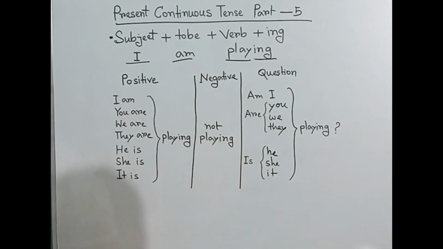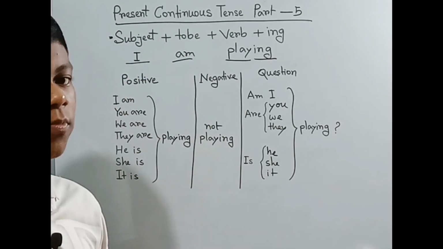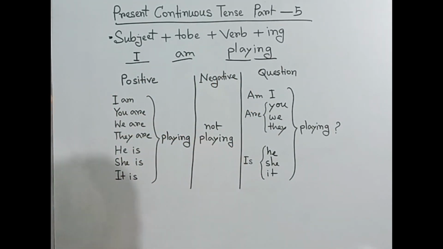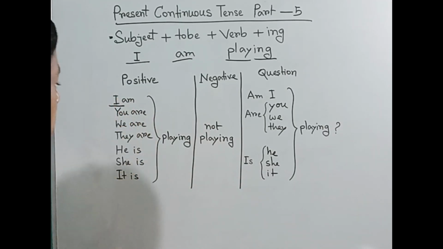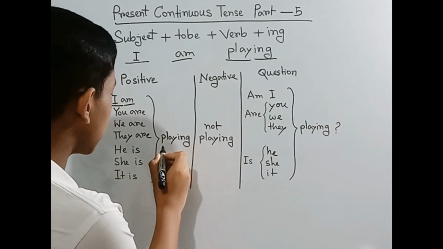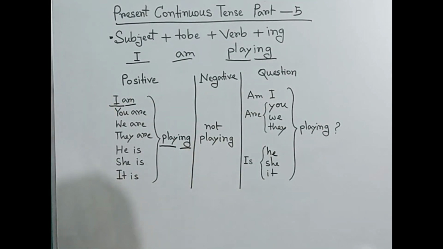This is the main structure. By keeping this structure, we transform three forms: positive, negative, and question. In the positive, first of all we use the subject, then we add the to be verb, that is am, then we add the verb play, and we simply add the ing.